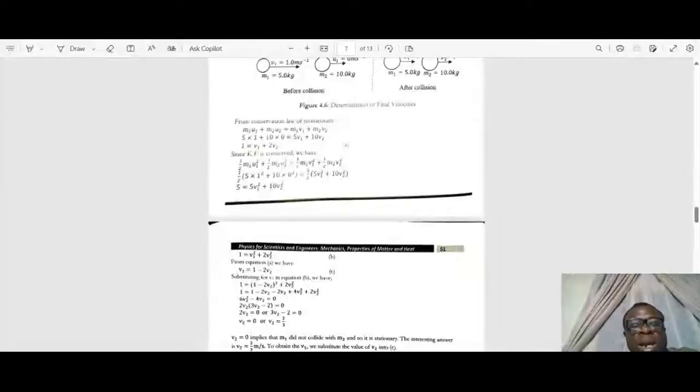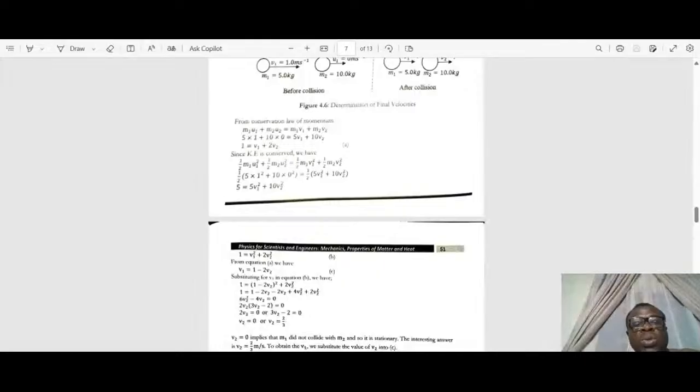So by the time you simplify, you have half into 5. Remember this term, 10 times 0 squared, will go, equal to half into 5v1 squared plus 10v2 squared.